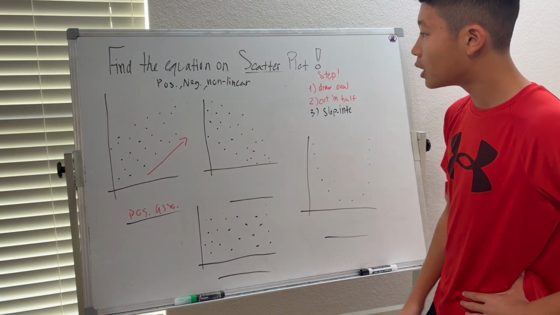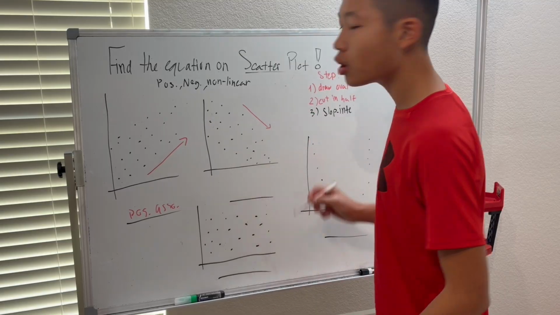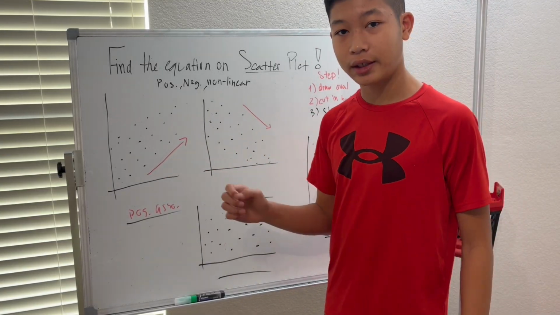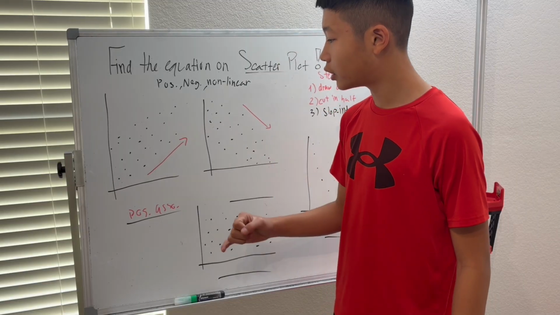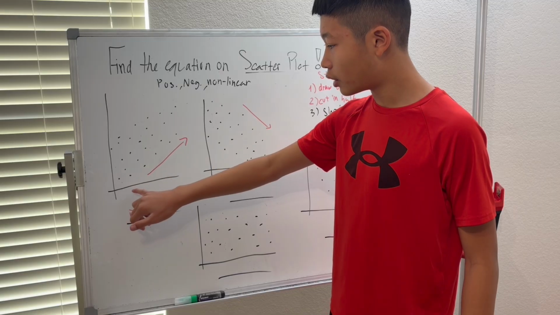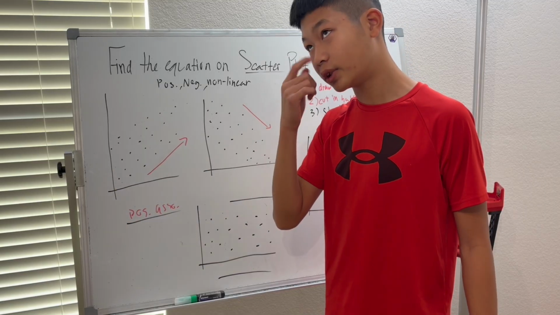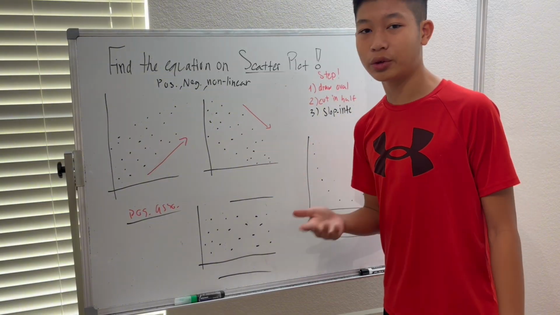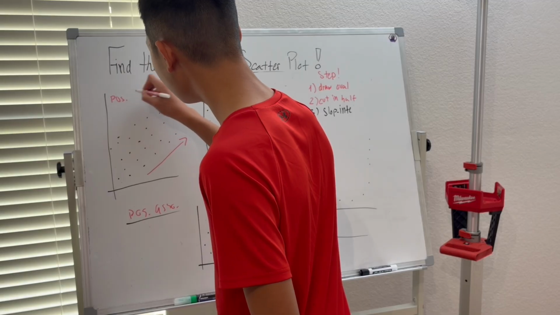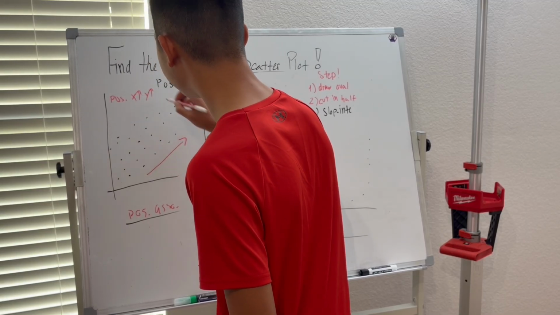Let me explain why this is positive. As x increases, y increases. If x is 1 right here, y is 2. Now if x is 2, y is let's say 4. So as x increases, y increases. So if it's positive, then as x increases, y increases.